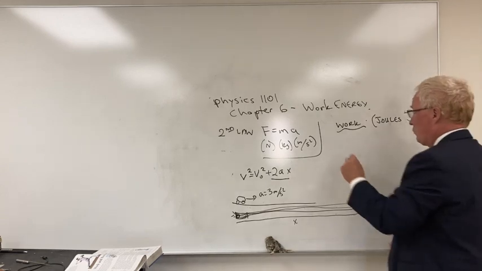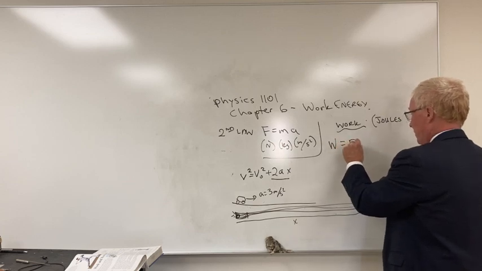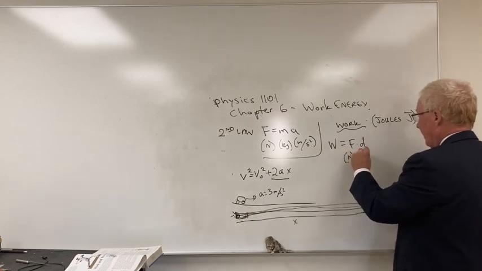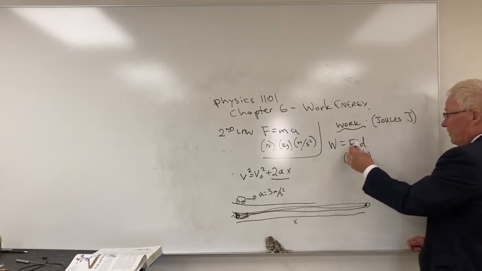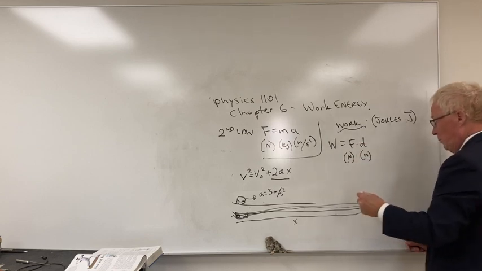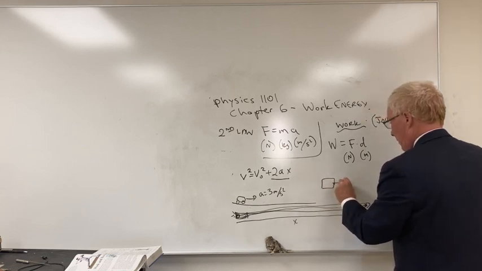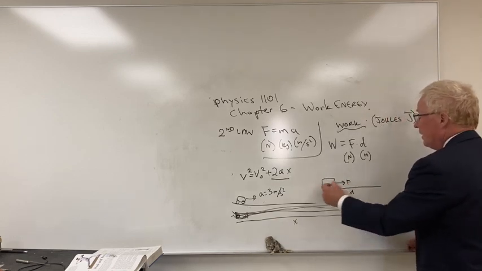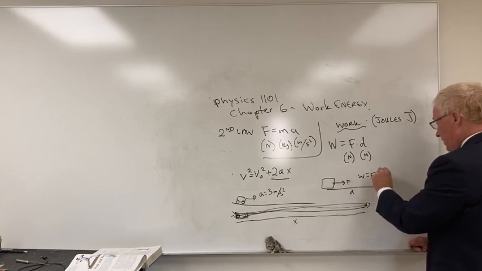So what we defined as work, use W, is force times distance, where this is in newtons, and this is in meters, and the force is applied in the direction it's moving. Right, so if you have a block, and we apply a force and move it over a certain distance d, if they're both in the same direction, then the work is force times distance.